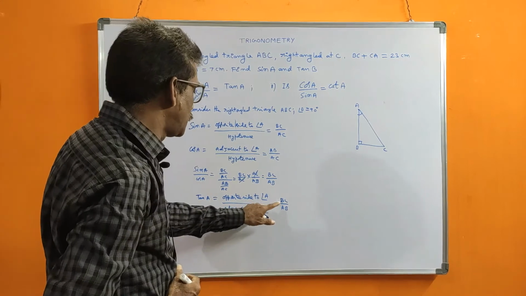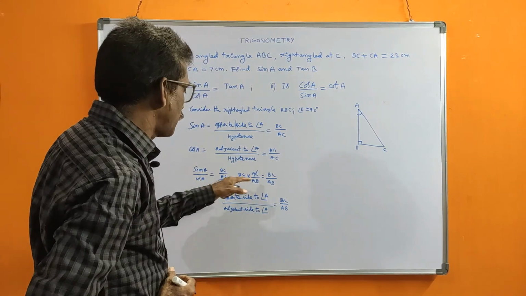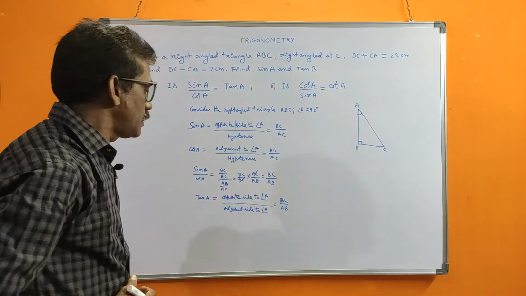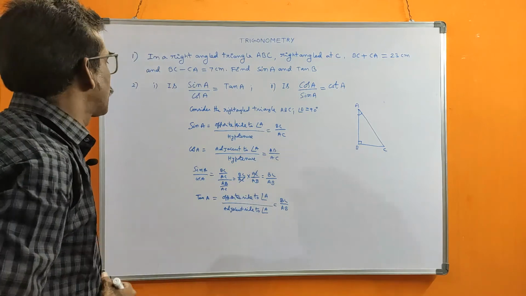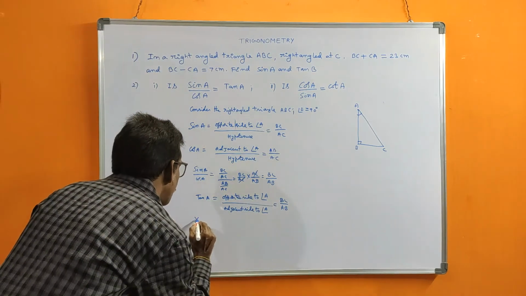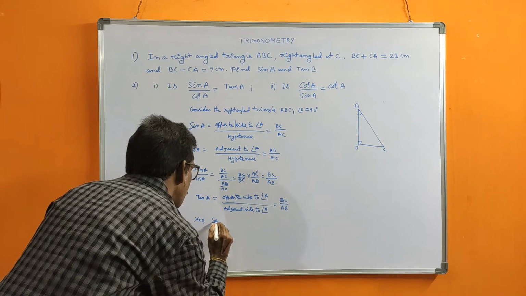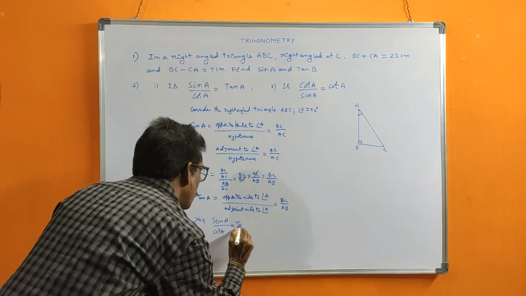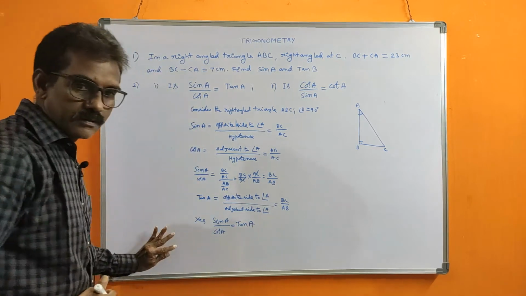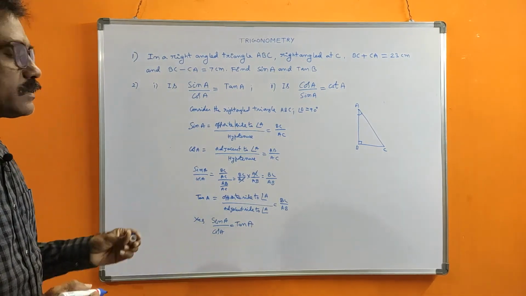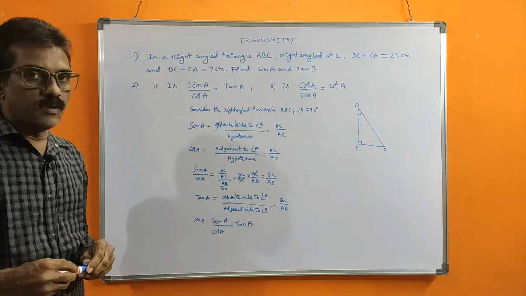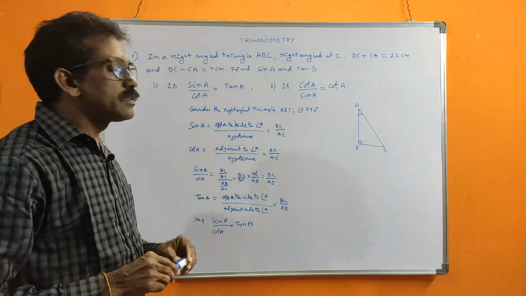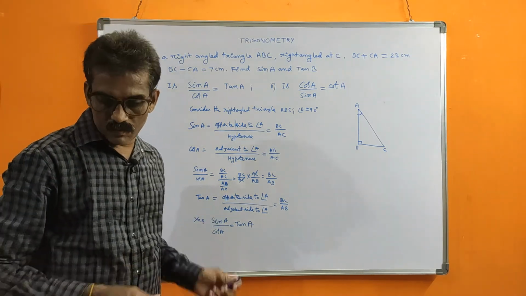Tan A value is BC by AB. Sin A by cos A value is also BC by AB. Both are equal, so yes, sin A by cos A is equal to tan A. If value is not given, you should use direct formulas.